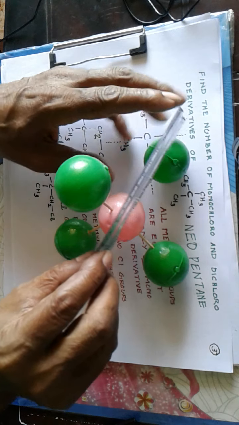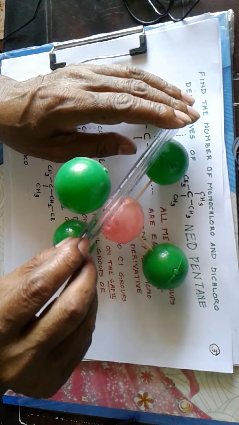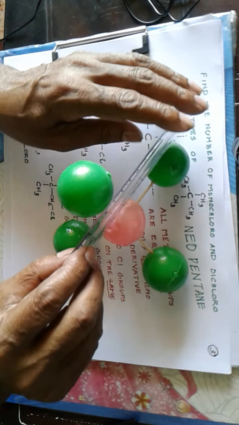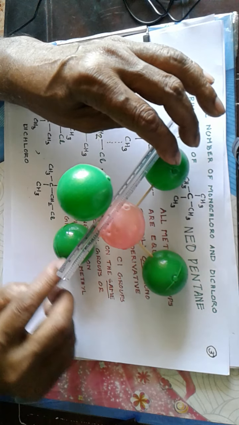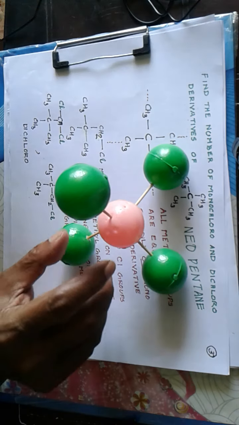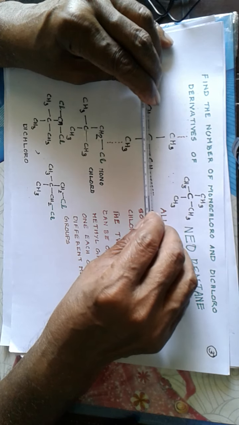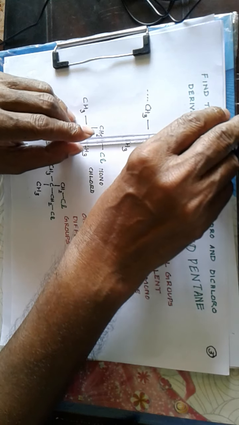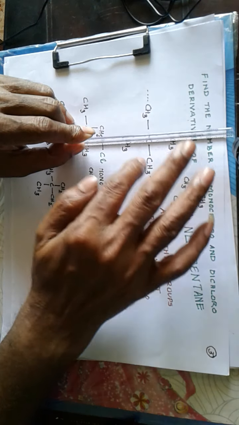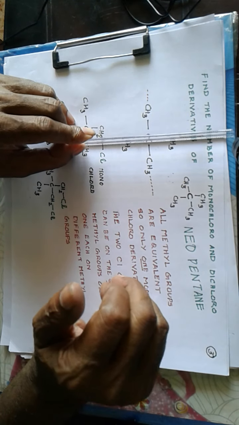So such a plane passing through the methyl groups and carbon, we get these two methyls as the images. But in the figure we can show this. Suppose a mirror is placed here. These two methyl groups are object and image. So these two methyl groups are similarly placed. Suppose another mirror is kept here, then these two methyls are similarly placed.